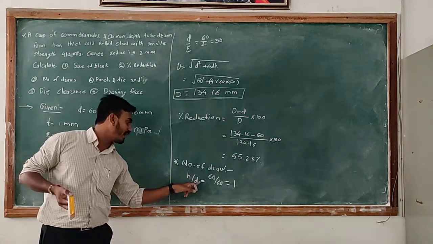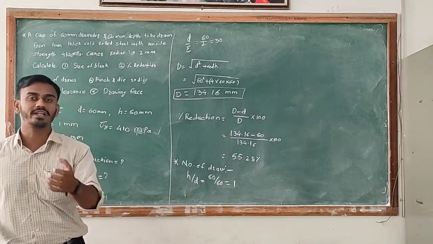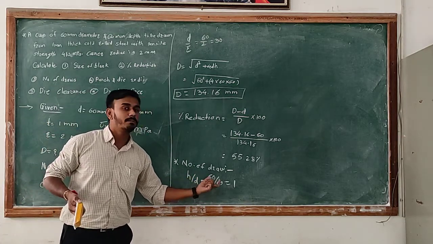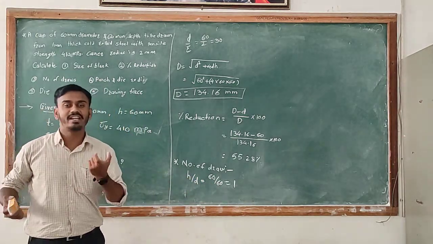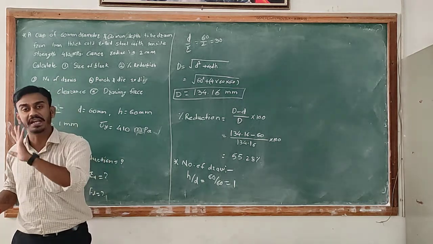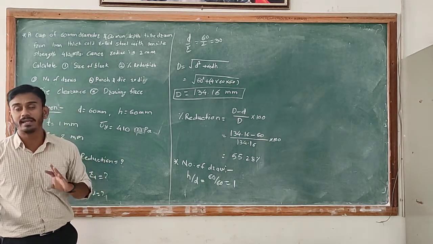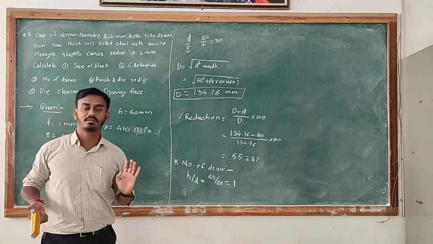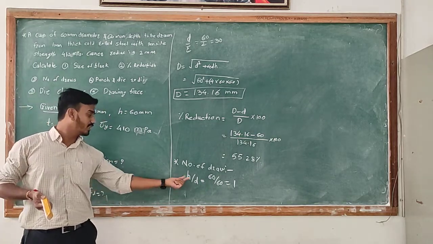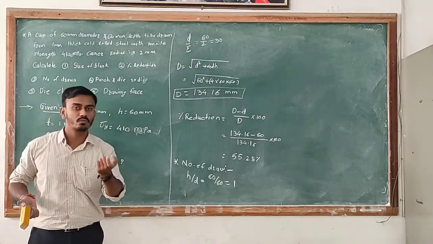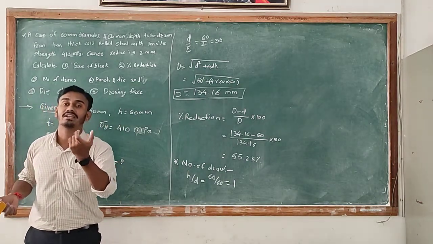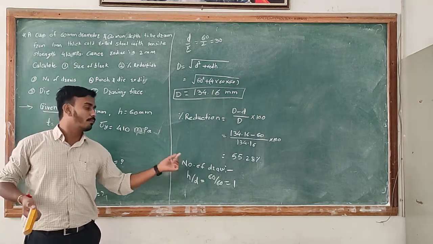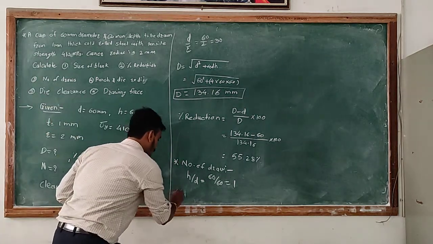If this H by D ratio is between 0.75 to 1.5, then the number of draws is 2. If this ratio is between 1.5 to 3, then the number of draws is 3. And if this ratio is between 3 to 4.5, then the number of draws is 4. Here the ratio is 1, and this value of 1 lies between 0.75 to 1.5. Therefore, the number of draws is equal to 2.